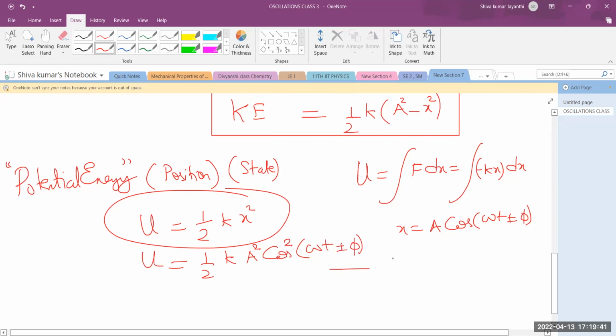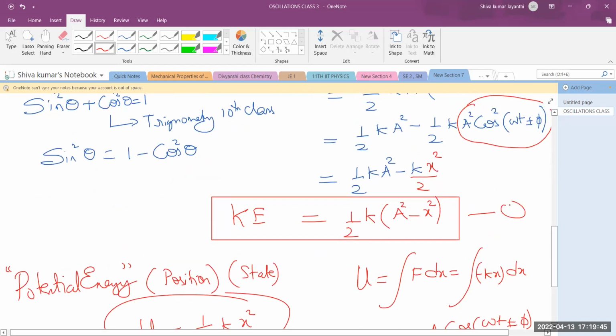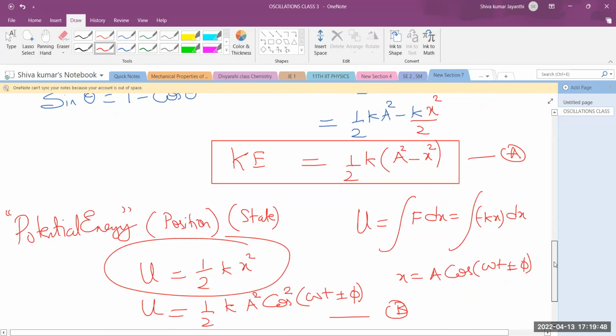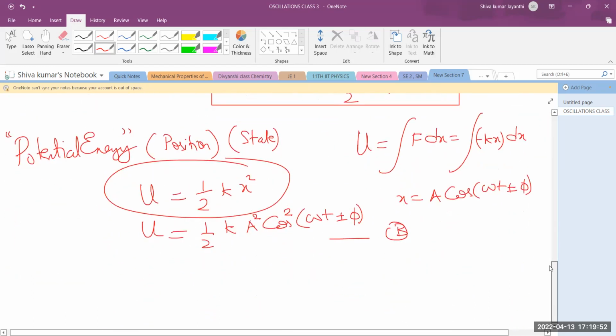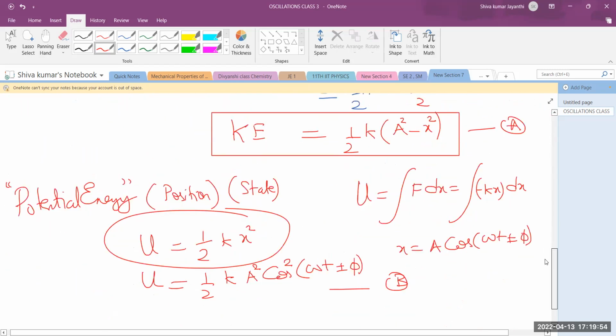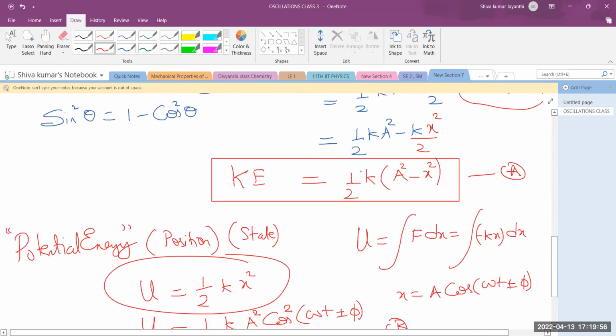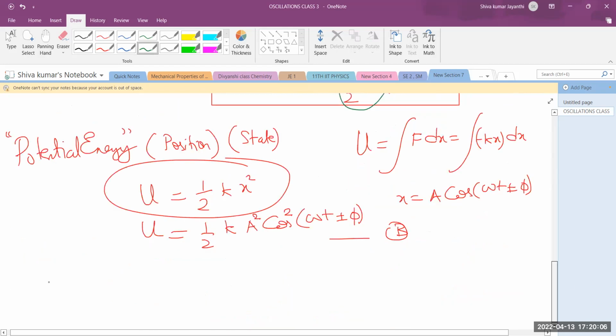If you see equation B and equation A, what do you see? You see that the kinetic energy equation has the potential energy term in it. This half k x square is also there. So what do we infer?